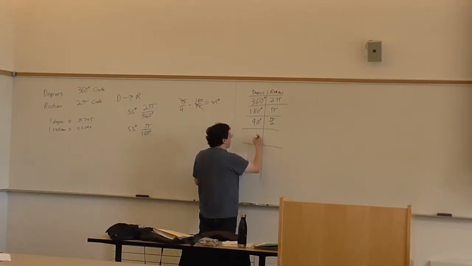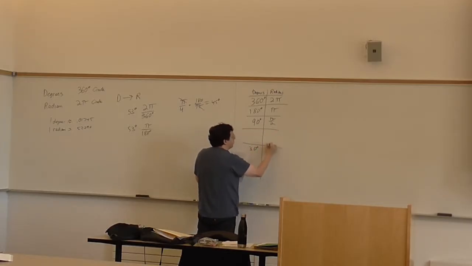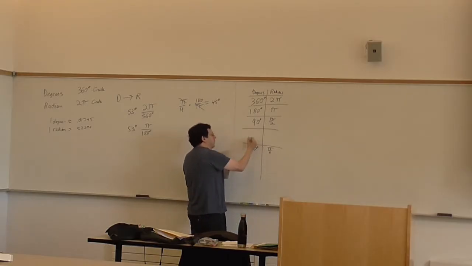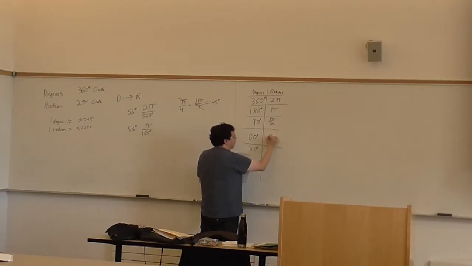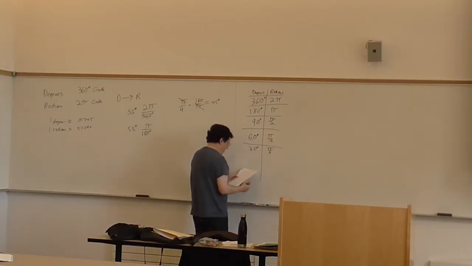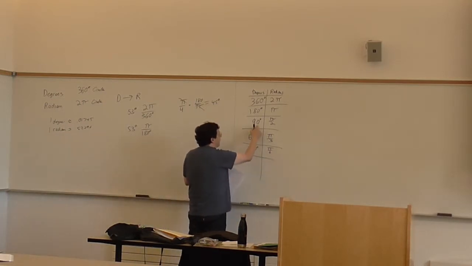I'm going to do this out of order, but if I divide this by 3, I'll get 30 degrees, or pi over 6. And then 60-degree angles are somewhat ubiquitous. This times 2, or pi over 3. And then finally, we might divide 90 degrees in half.